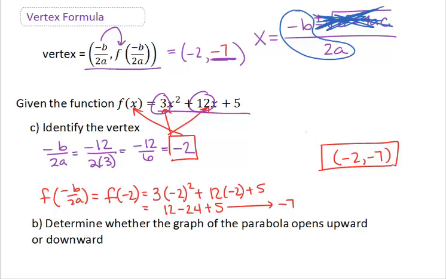Now, to figure out whether this graph opens up or down, it's the same idea that we had before. It's just not in the same format. If your leading term, if your a value is positive, then this graph will open up. So this opens up, which gives us the U or the cup shape.